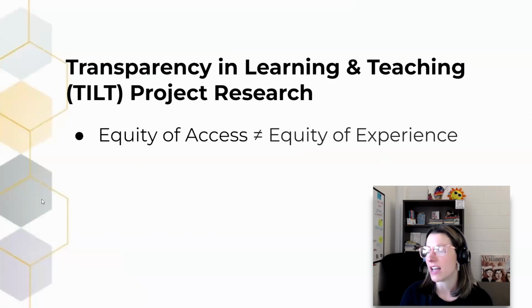So we know that equity of access does not mean equity of experience. This is why we're talking about making some intentional shifts in the way that you create your assignments. Really briefly, the research shows that just because students have entered a college or university doesn't mean that they all have the same experience. So the goal of transparency is to make your course and your assignments more accessible by removing these unwritten rules or this hidden discourse of what it means to be a university student or a student within your discipline.